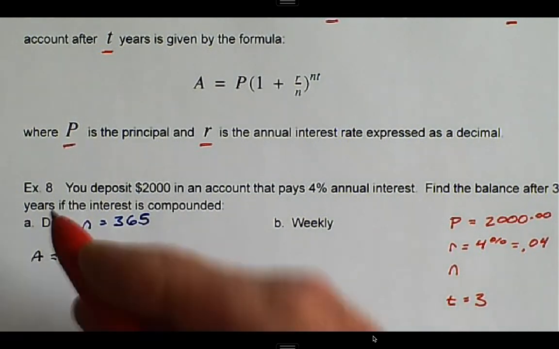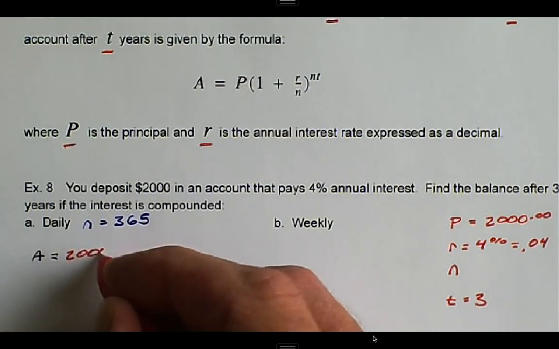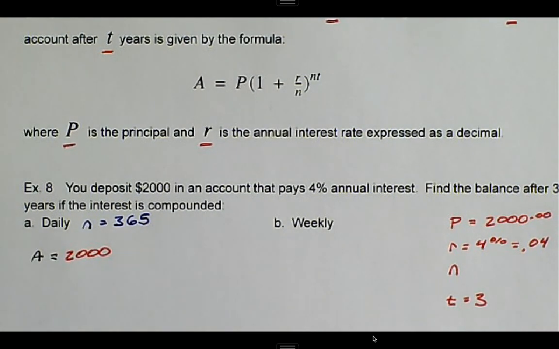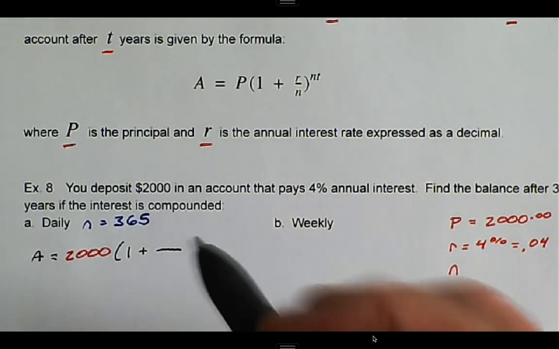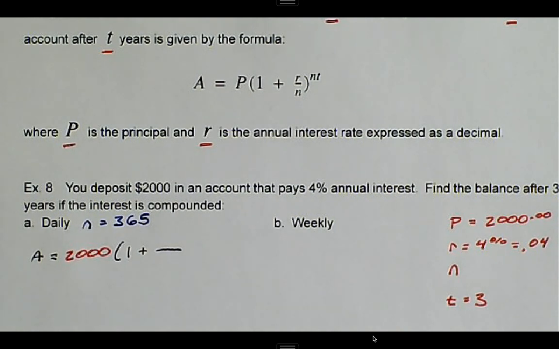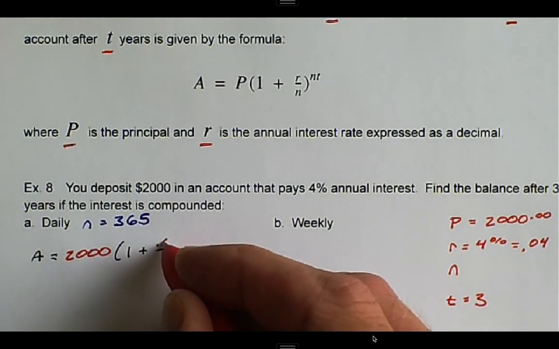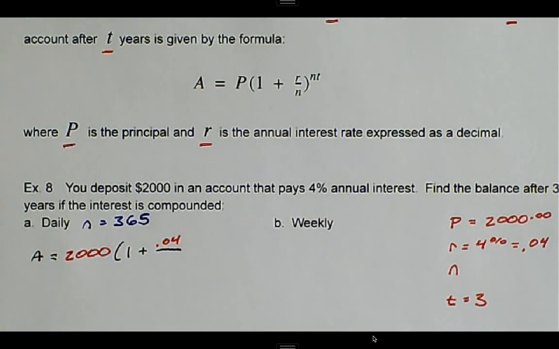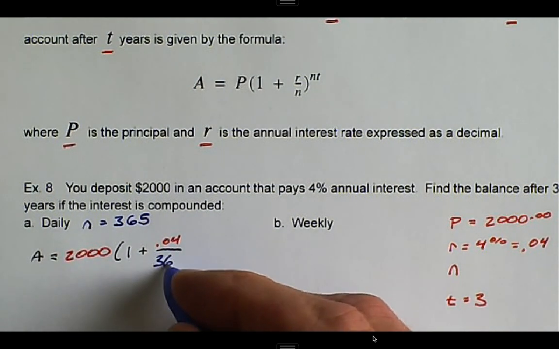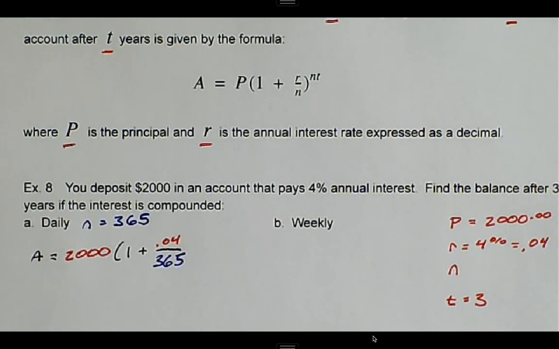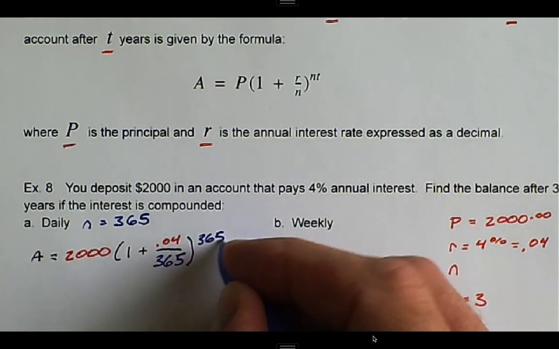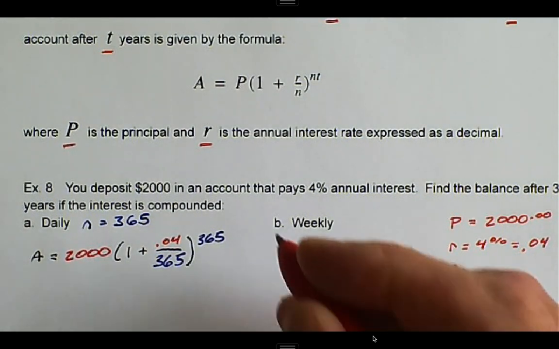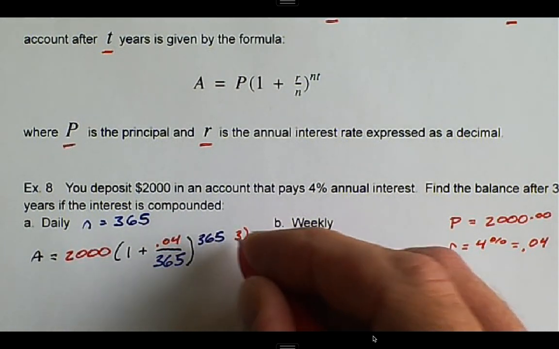The principal is 2,000, multiplied by 1 plus the percentage as a decimal, 0.04, divided by N, which is 365, and that is raised to the N, which is 365, times T, which is 3, power.